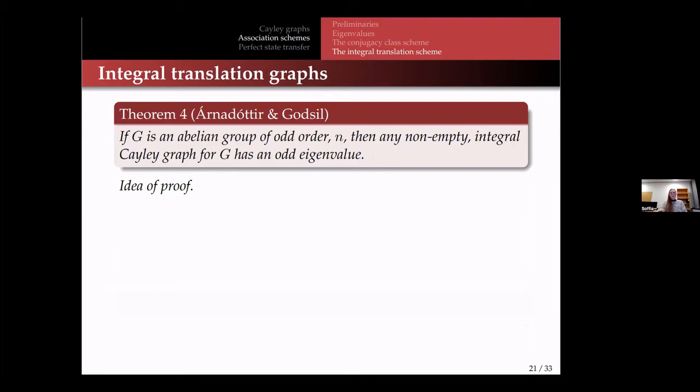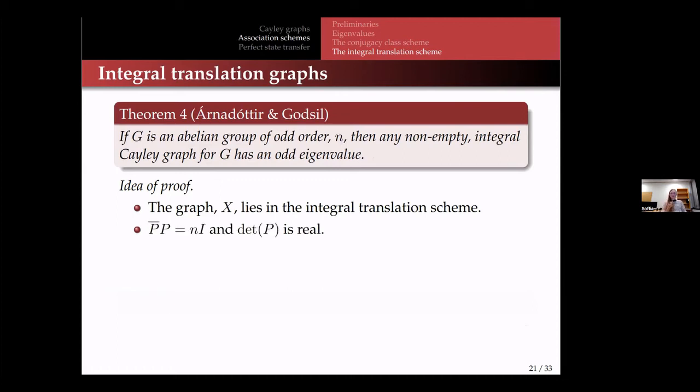Okay, so if we have such a graph, we're going to call it X, then it lies in the integral translation scheme of G. The integral translation scheme is self-dual, so the complex conjugate of the matrix Q is equal to P. And now because P times Q is equal to N times the identity, we also have here that P bar times P is N times the identity.